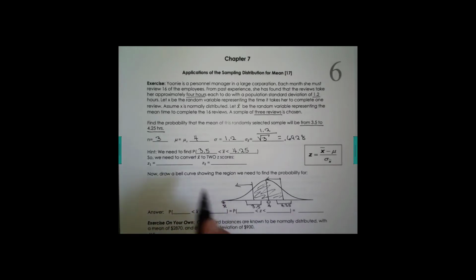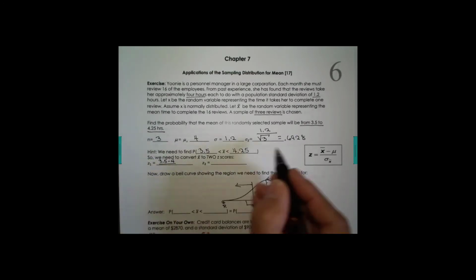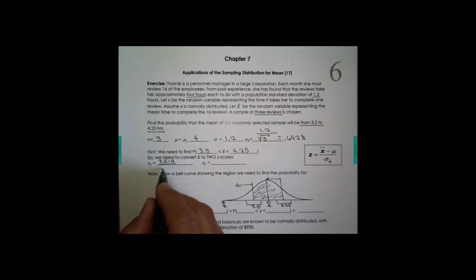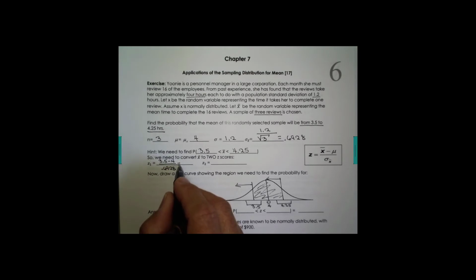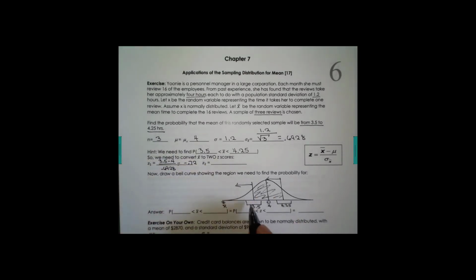First z-score is going to be, I'll use this first one, 3.5 minus the center mean of 4 divided by that standard deviation that I calculated. And I come up with a z-score of negative 0.72. Next, I'll calculate the second one.